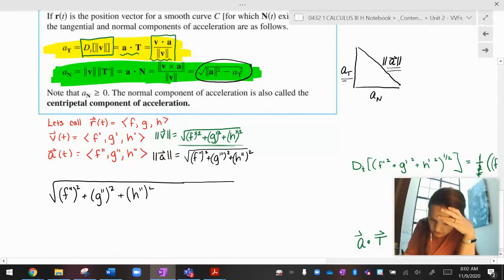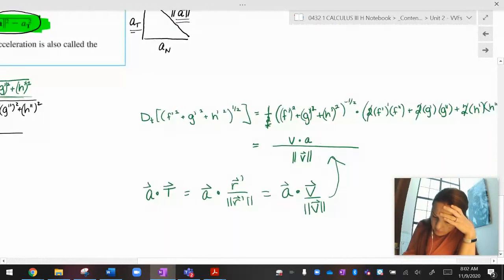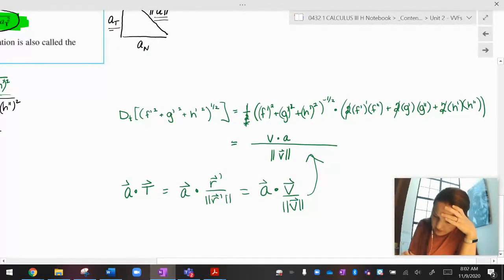So there's the magnitude of A squared minus A sub t squared. Okay, and A sub t we had over here, all of this was A sub t.